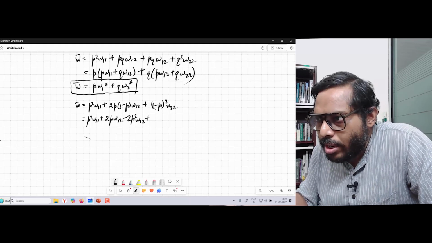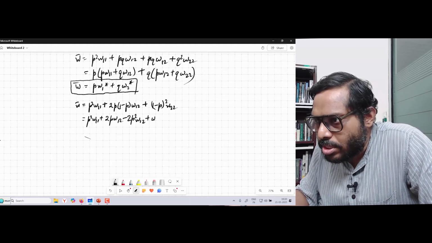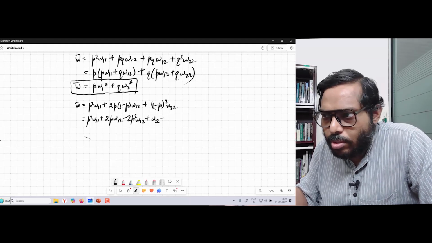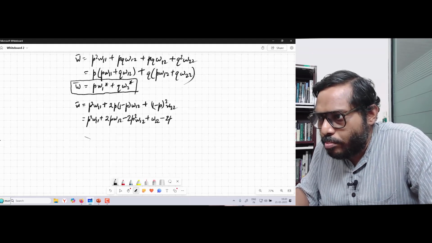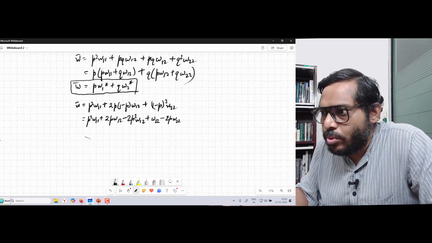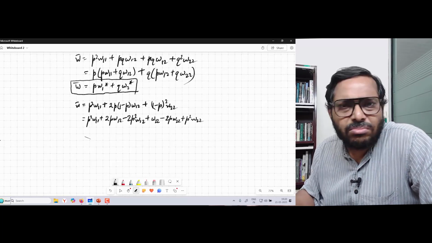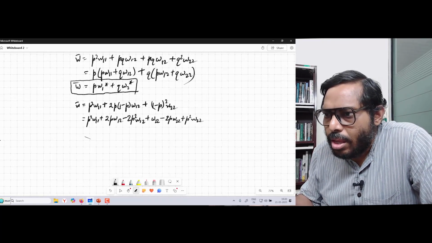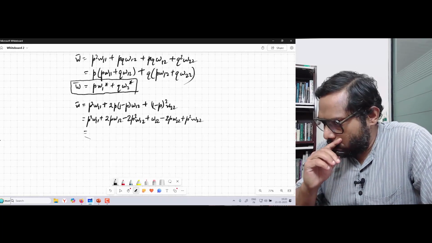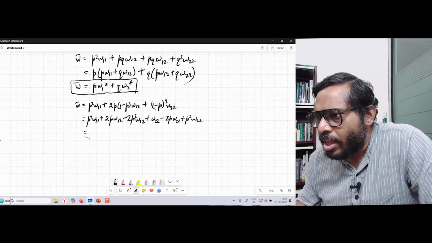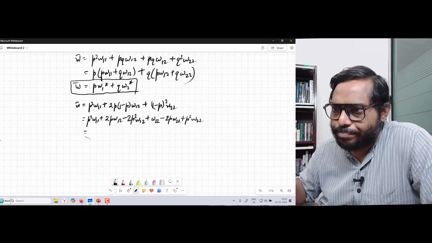So, 1 into W22 is plus W22, minus 2P W22, plus P square W22, simple algebraic expansion, nothing else.